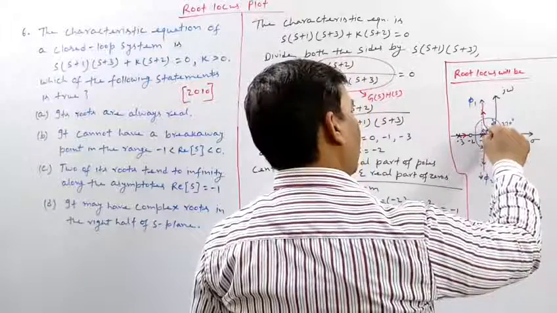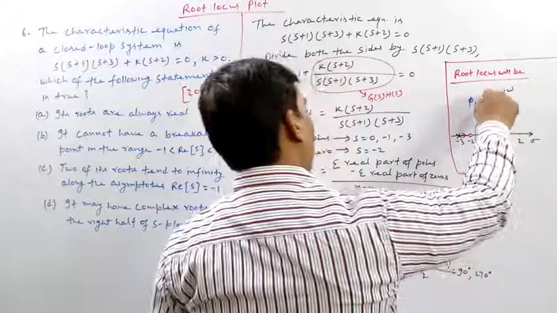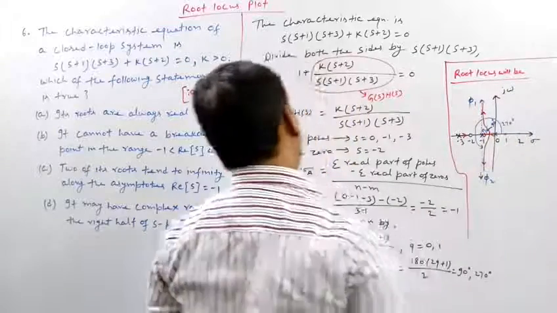One branch will follow asymptote number 1 and another branch will follow asymptote number 2.